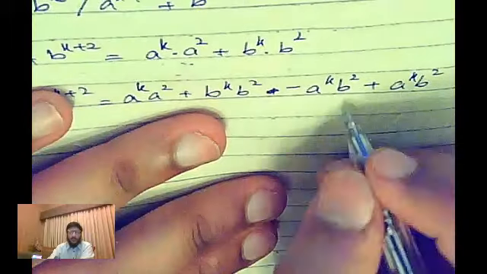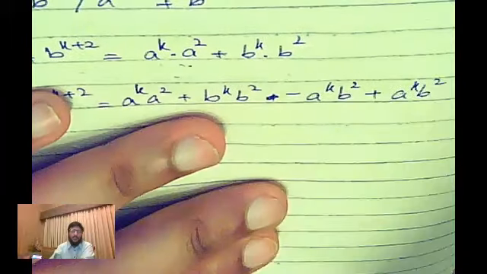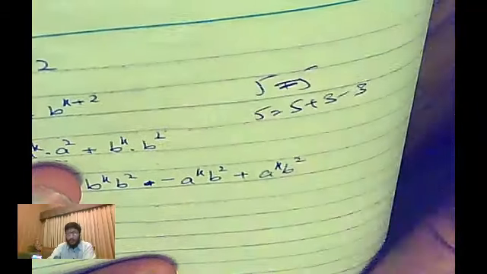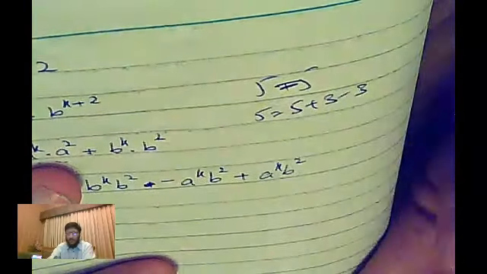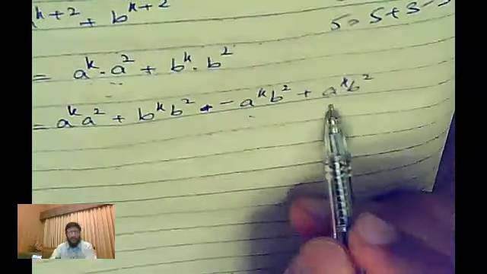Why can we do this? Because it makes no difference, like an equation 5 equals 5. So 5 equals 5 plus 3 minus 3. This doesn't make any difference, so we can absolutely do this. And the reason for that you will get to know in a while.